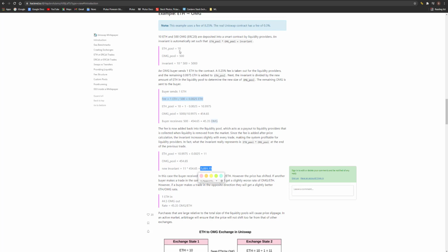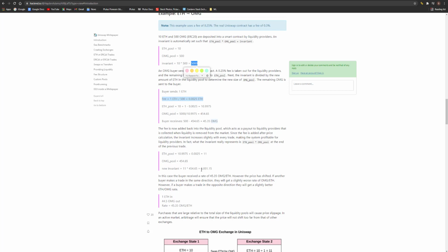So the person who at the very beginning said, okay, I'm going to give you 10 Ethereum and 500 OMG tokens, and you, Uniswap, you can now set up a pool on my behalf using this set. And that had a total value, I shouldn't really call it value, but total invariant number of 5,000.